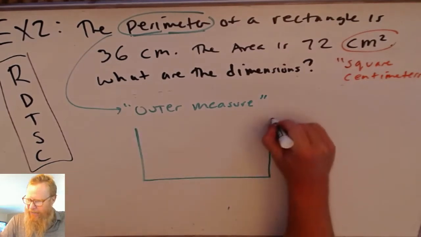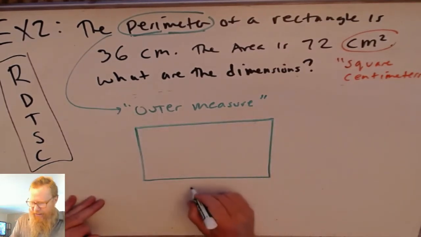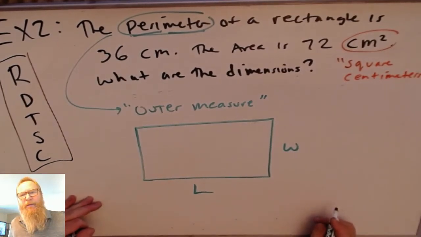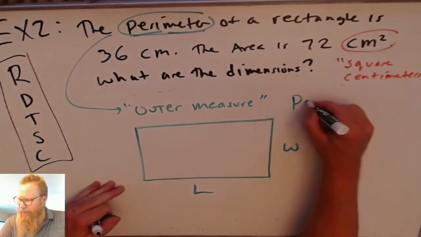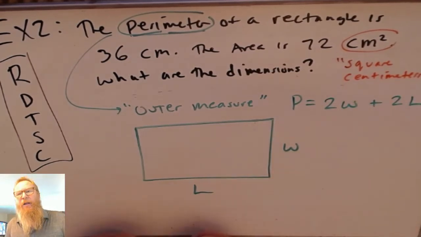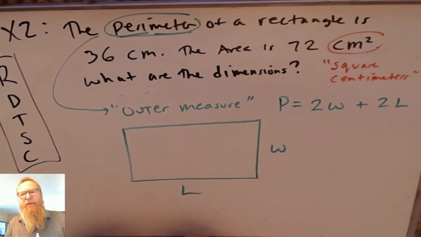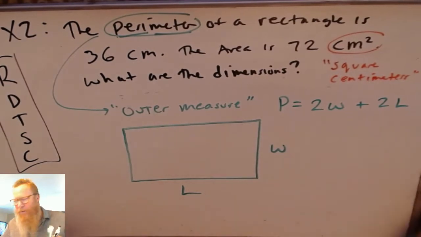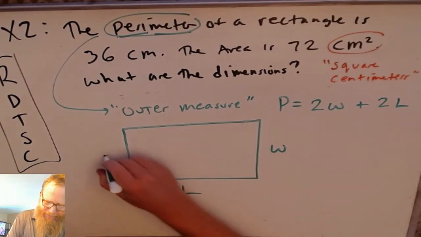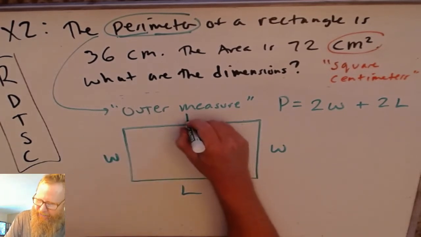So you have a rectangle. You have an L and a W. And the perimeter is 2W plus 2L. When I'm talking about perimeter, I like to draw all four sides because for perimeter, it's kind of important.